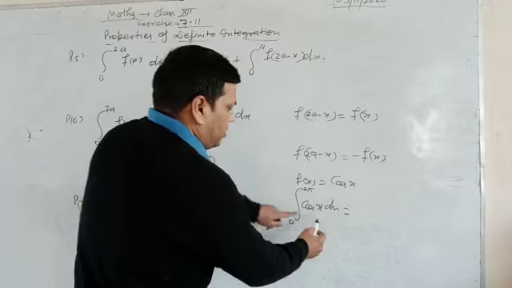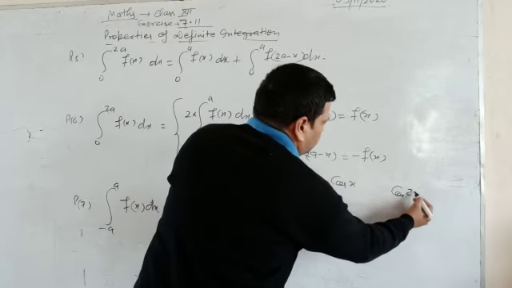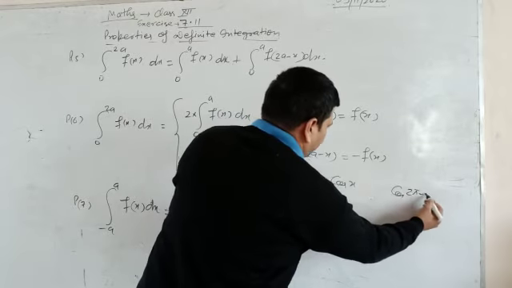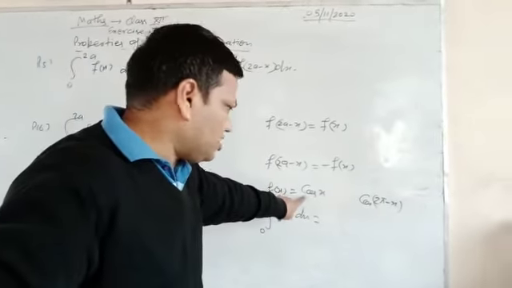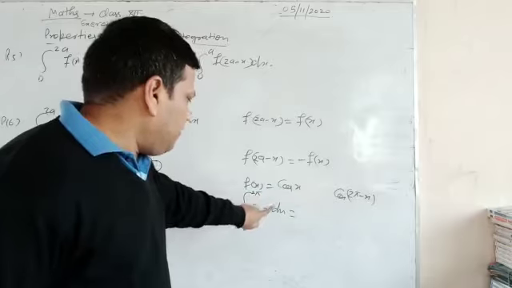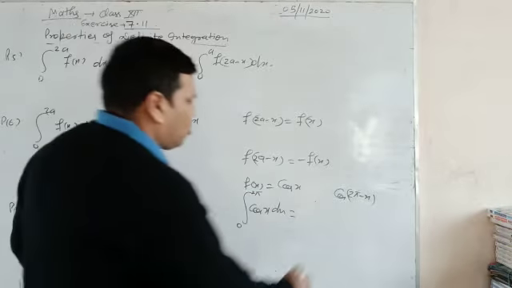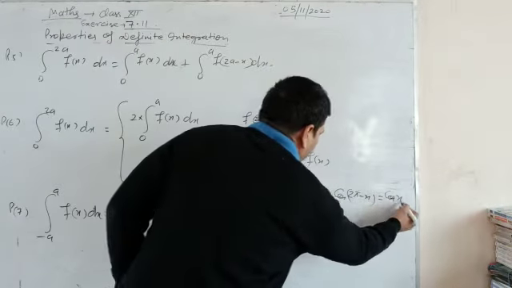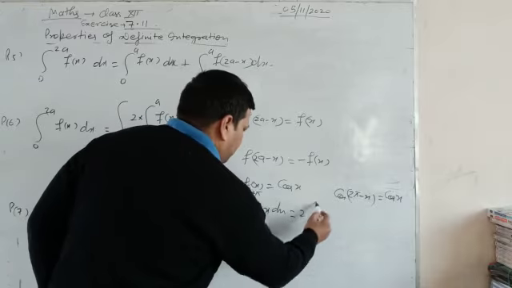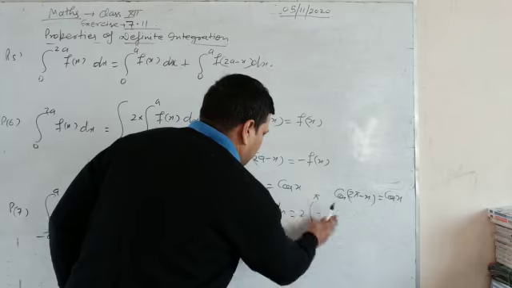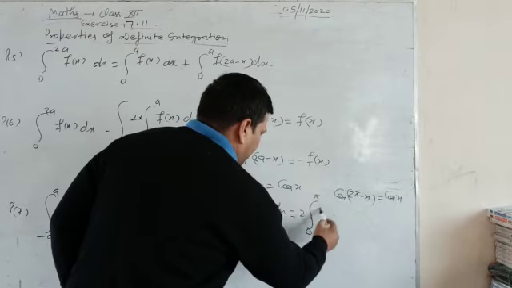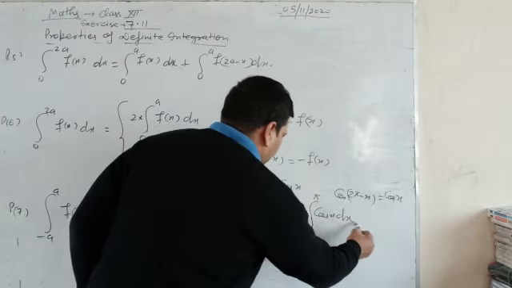You see what is the value of cos at 2 pi minus x. If it is the same value, cos x, then you can write it as 2 into integral from 0 to pi of f(x), that is cos x, into dx.